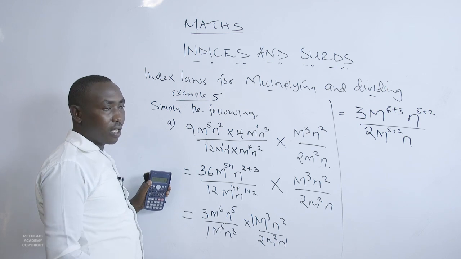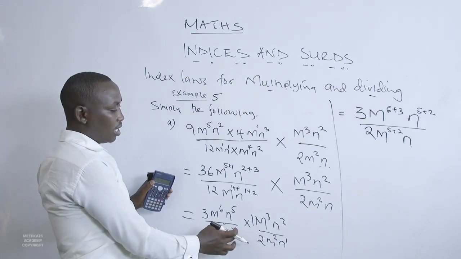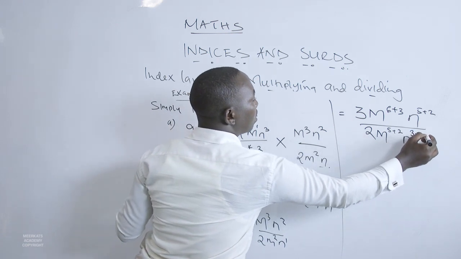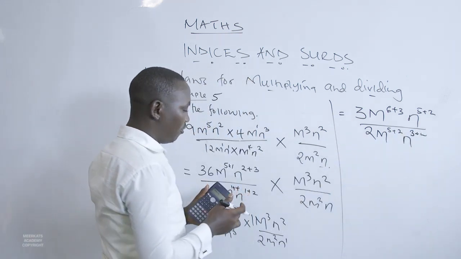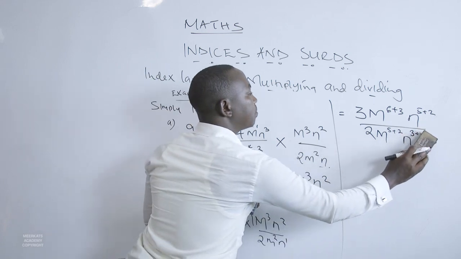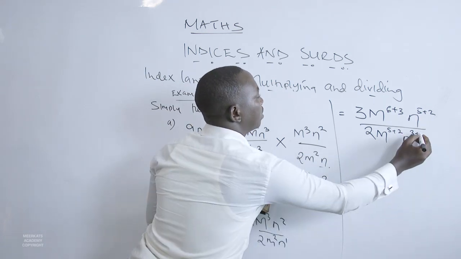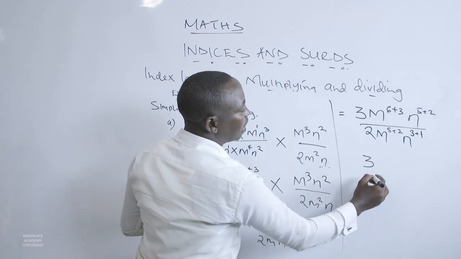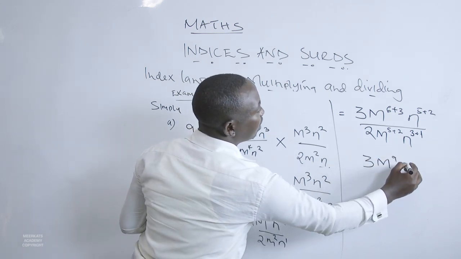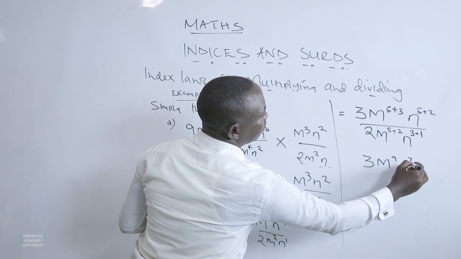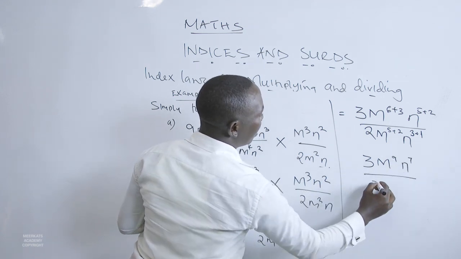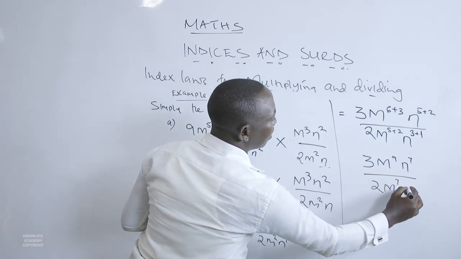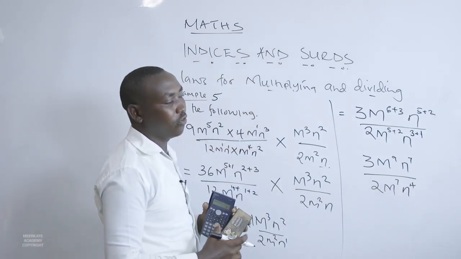Then n shall be raised to 3 plus 1, which is going to be 4. So when we make the simplification, this shall be 3, m raised to 9, n raised to 7 over 2, m raised to 7, n raised to 4.